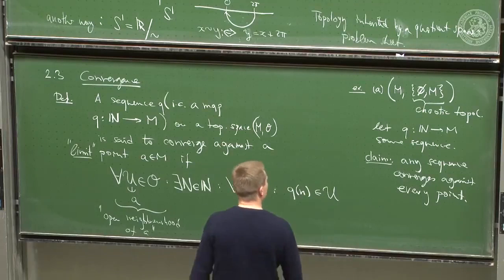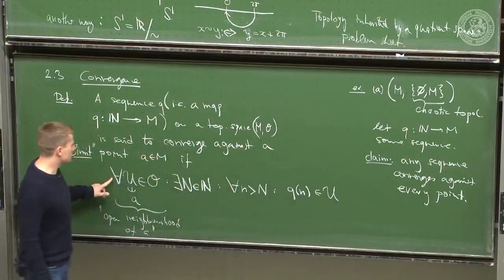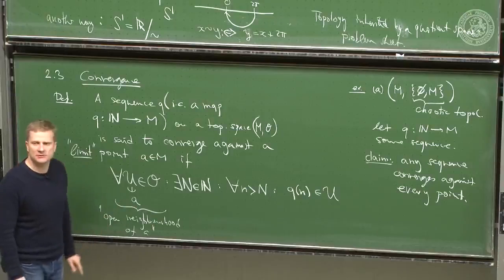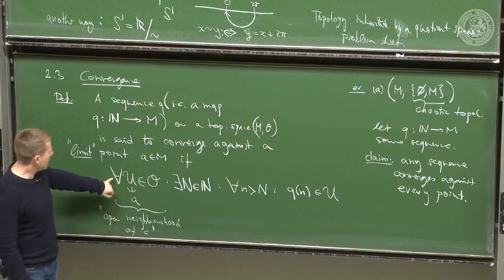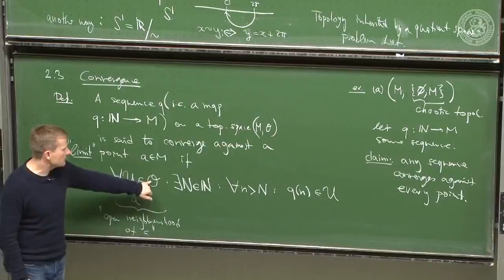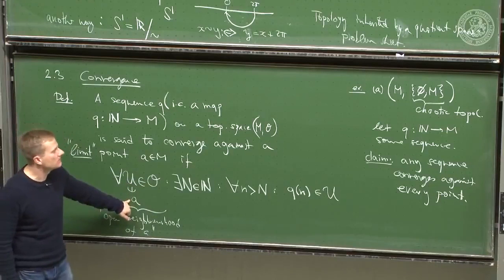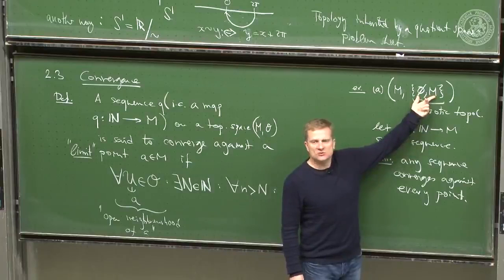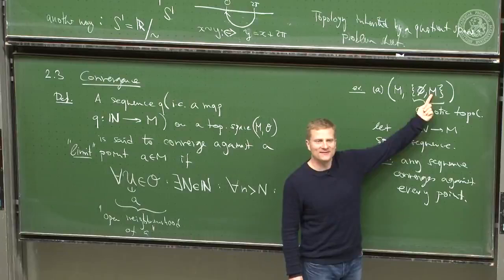Why is this true? Well, because what we've got to check is: let Q be arbitrary and let the point A be arbitrary. I need to check whether for every open set that contains the point A, how many open sets do I have? 2. Which of these 2 can contain a point A? Only this one, right?